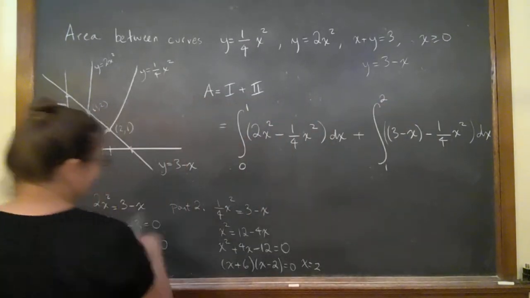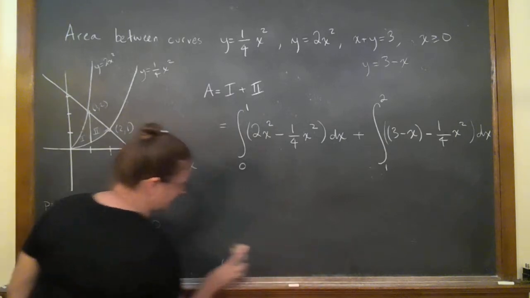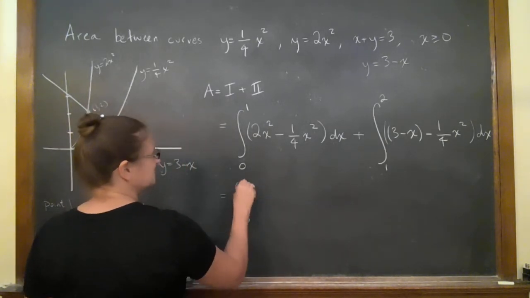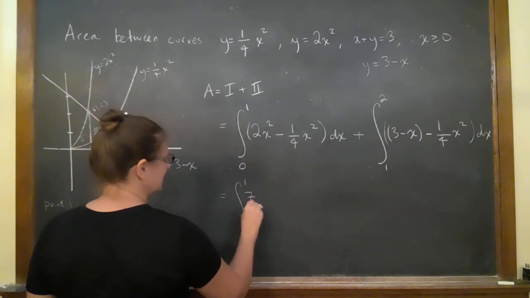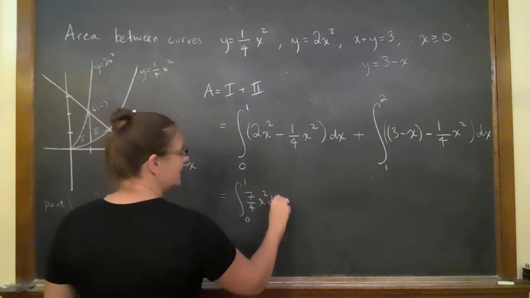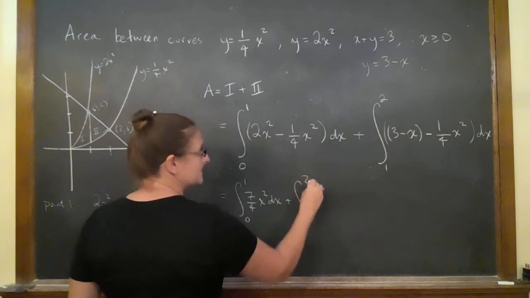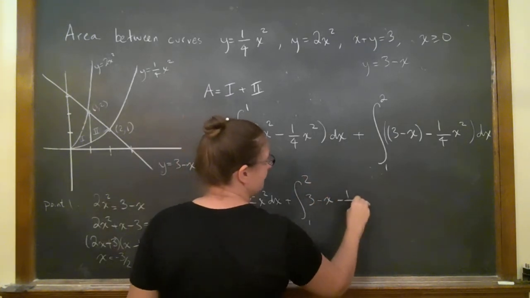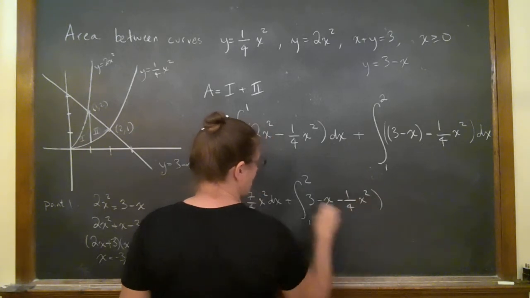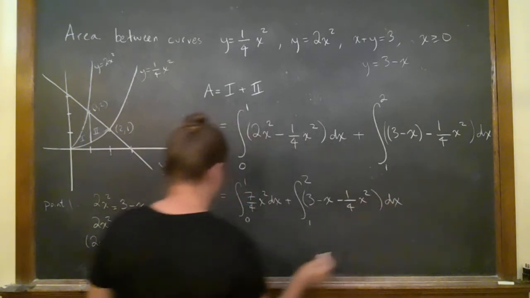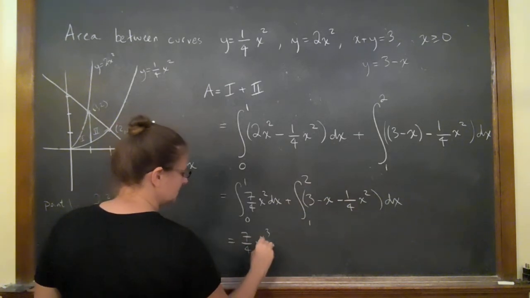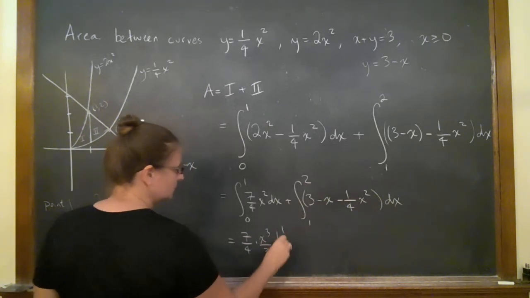Okay, now the rest of this is easy, right? This is an easy integral, so I'm going to barrel through this real fast. This was 7/4 x squared dx. There's nothing to do. I'll just rewrite it. So you're doing that one. So this would be 7/4 times x cubed over 3 from 0 to 1.